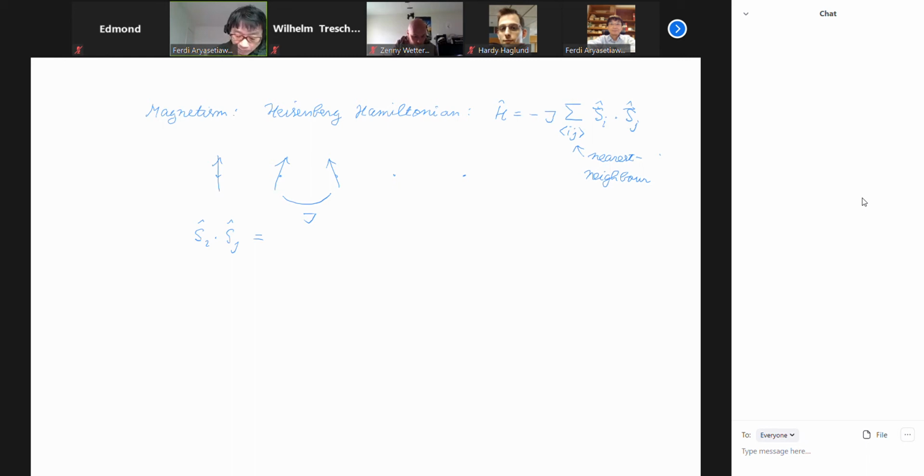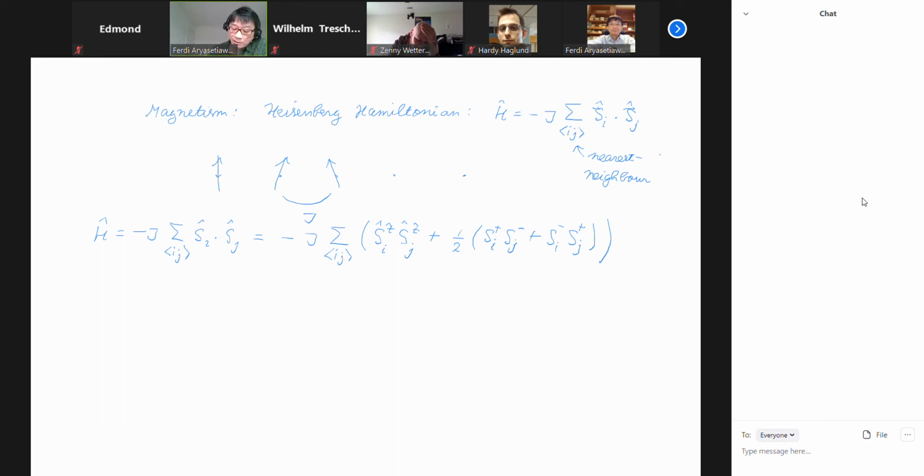The full thing, H equals minus J sum over neighbors, can be rewritten with a z component, SiZ SjZ, plus one half of Si plus Sj minus plus Si minus Sj plus, with the ladder operators.